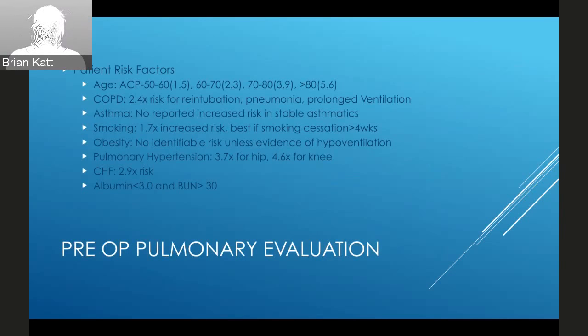The body's very smart. If you've got a chronic systemic problem going on, the body says, okay, I don't need to make so much albumin, I'm working over here. And so you can oftentimes see low albumin in patients that have chronic active disease processes or malnutrition. And then renal insufficiency can be an additional risk factor.